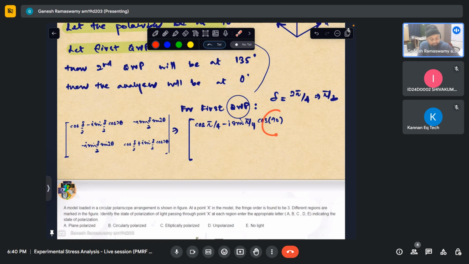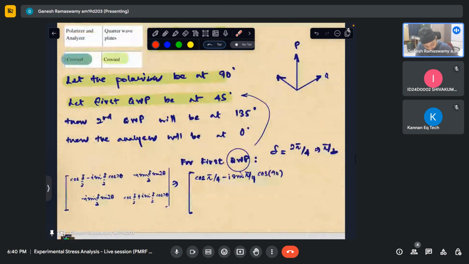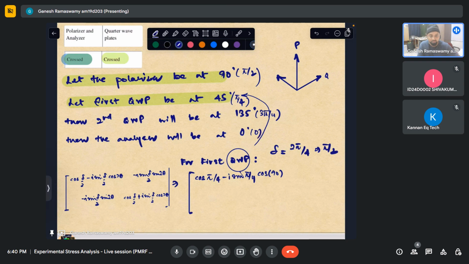If I write here pi by 2, in fact, let me write pi by 2 to avoid confusion. Let this be pi by 4. This is pi by 2. This is 3 pi by 4. And this is 0 only.